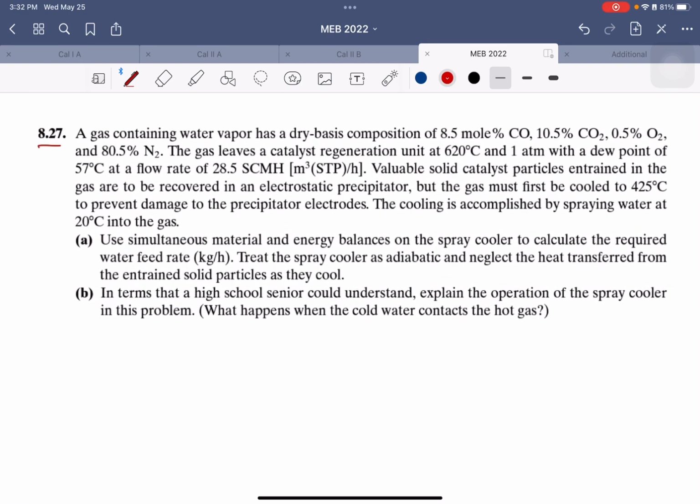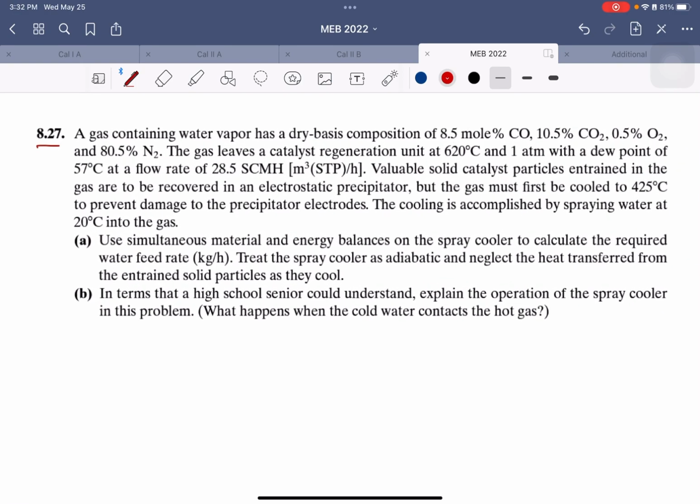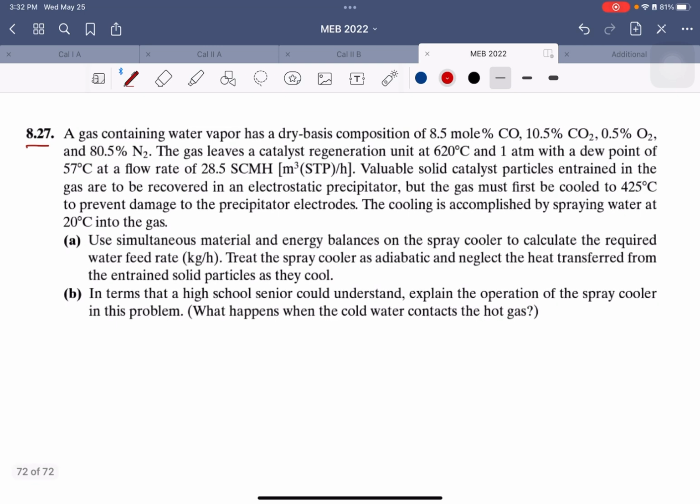Okay. Now we have a gas containing water vapor. It has dry basis composition of 8.5 mole percent of carbon monoxide, 10.5% carbon dioxide, 0.5% oxygen, and 80.5% of nitrogen.